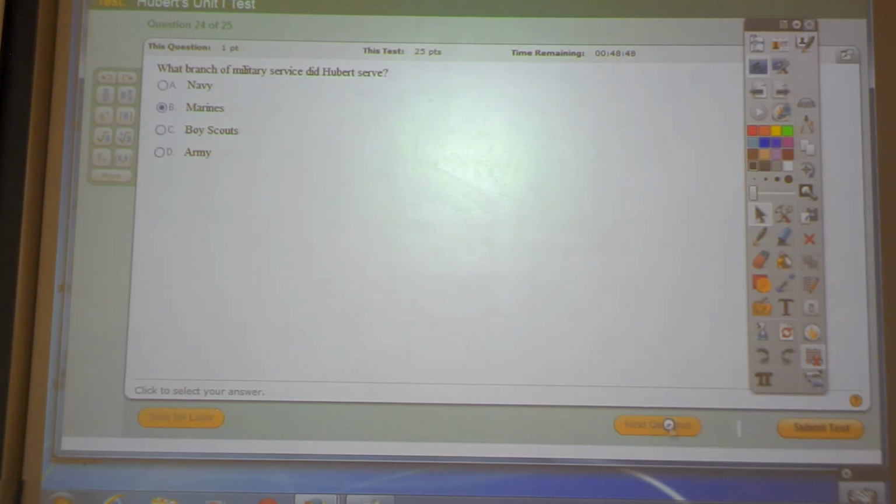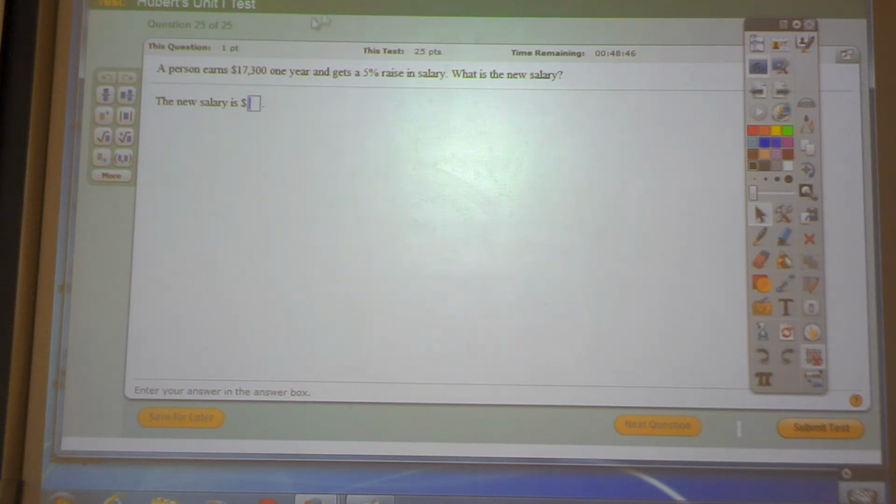Next. Is that it? No, one more. A person earns $17,300 one year and gets a 5% raise. What is the new salary? 17,300 plus 0.05 of 17,300. 18,165. Well, I have no idea. Let's see, that'd be 173 and half of 173. No, 1730, sorry. 10% is 1730.